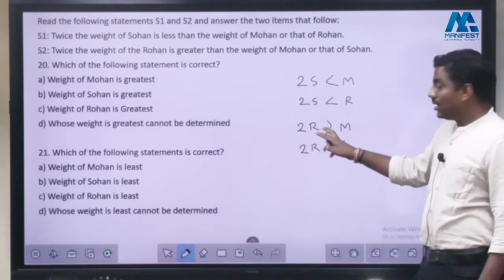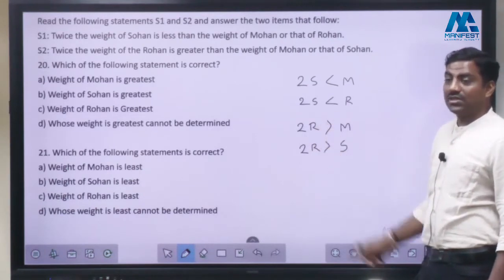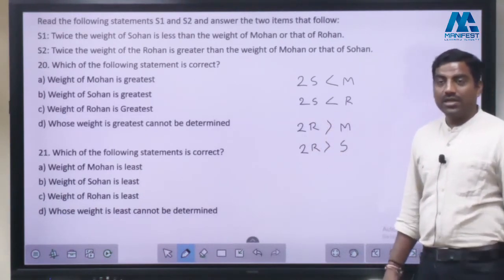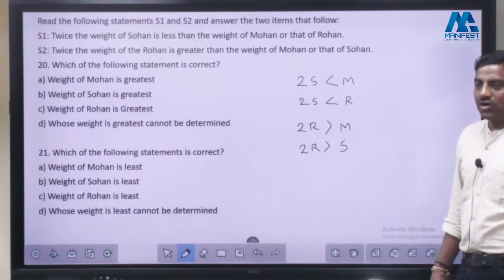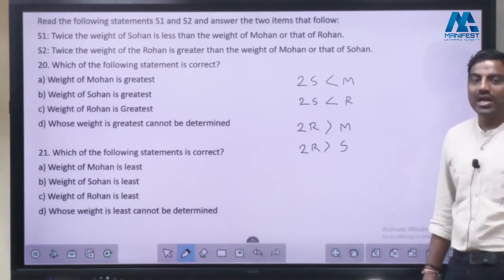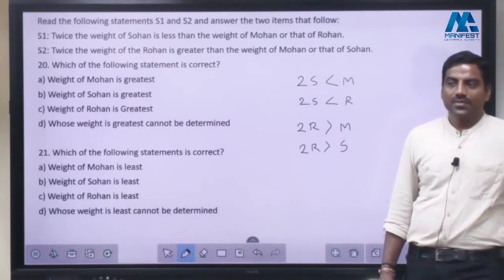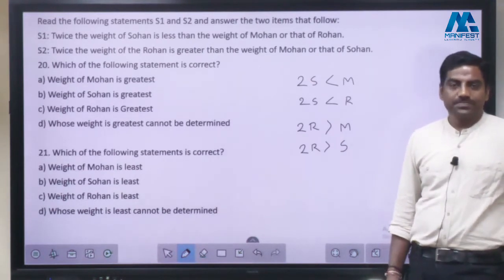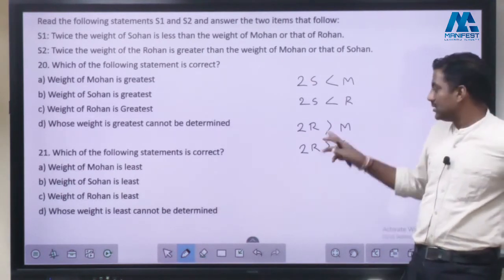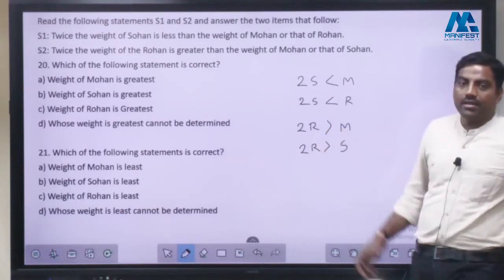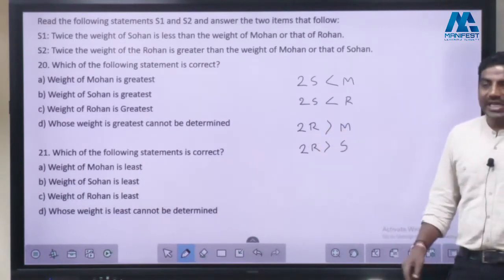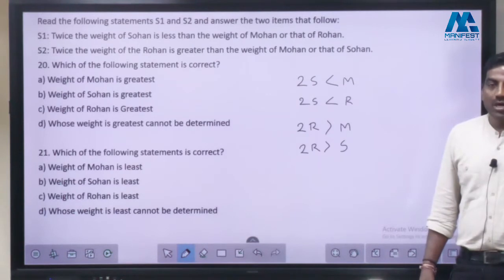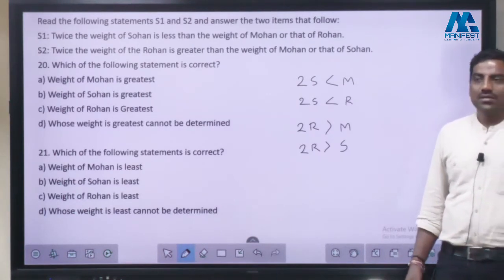But when we say 2 times the weight of Rohan is greater than Mohan, then we cannot establish any relation between Rohan and Mohan directly. Can you imagine the situation? I gave you 2 examples: 10 for Rohan and 11 for Mohan, then 11 for Rohan and 10 for Mohan. In those cases, what happened?